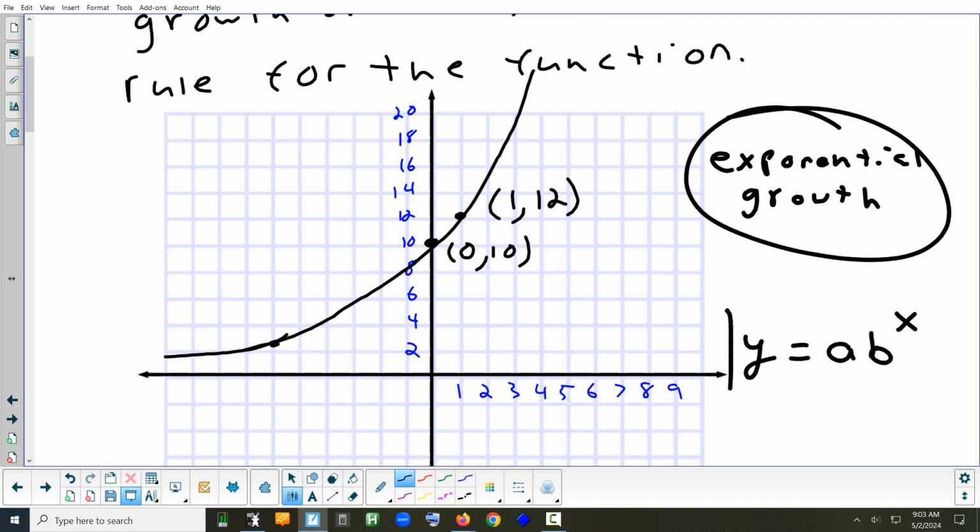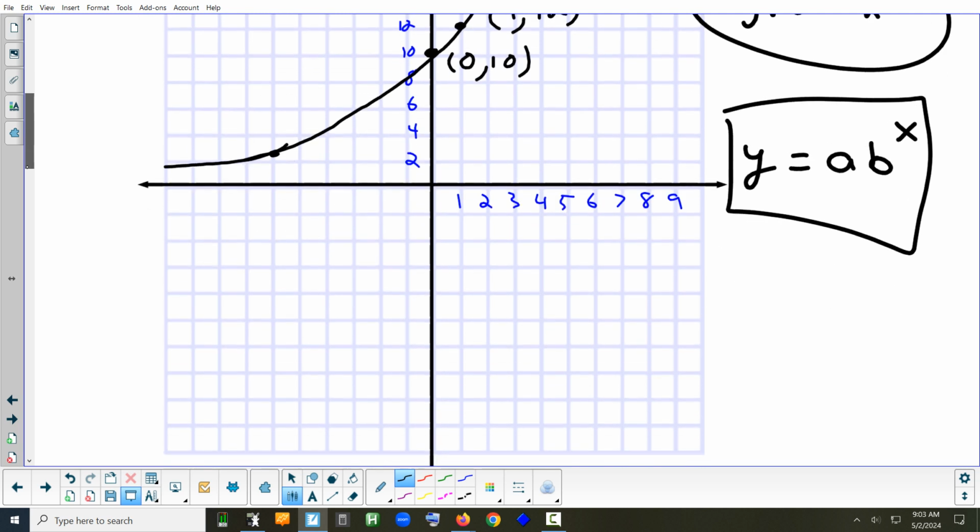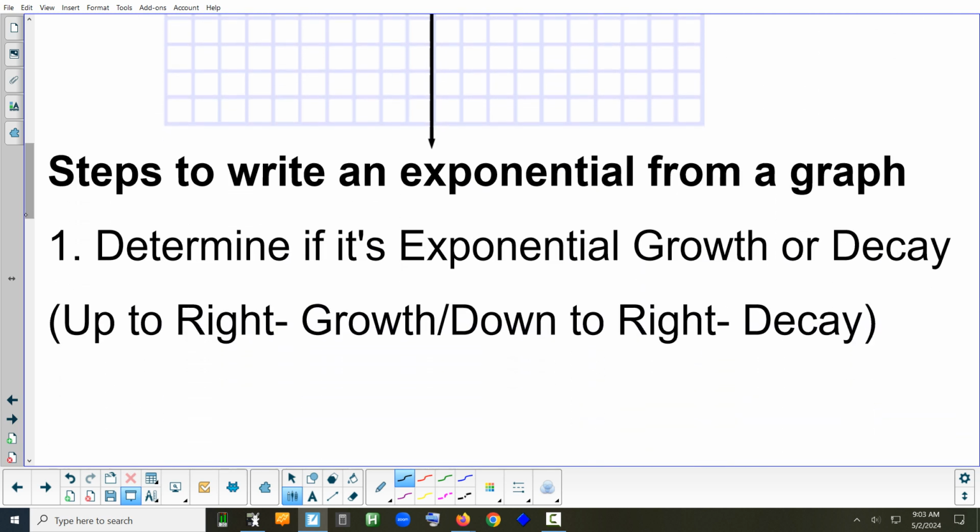Now we've got to figure out the rest. Here are your steps. We already did step 1: determine if it's exponential growth or decay. If it goes up to the right, that is growth.